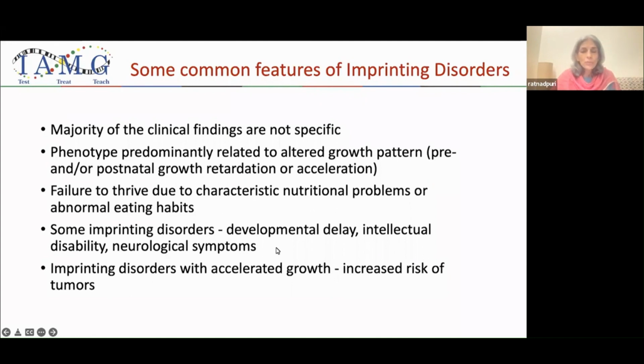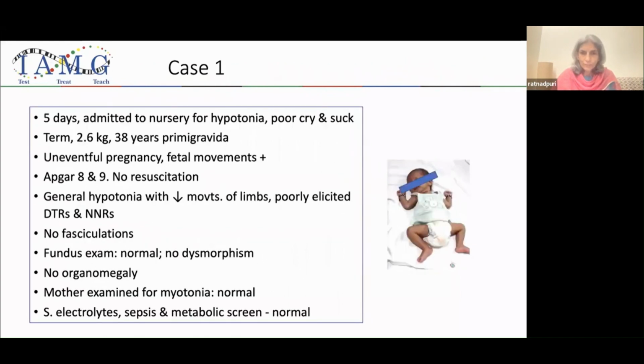Some disorders can be associated with developmental delay, intellectual disability, or other neurological symptoms. And those imprinting disorders that are associated with accelerated growth have an increased risk of tumor during the lifetime of the individual. So you can see that most of these phenotypic features are non-specific.